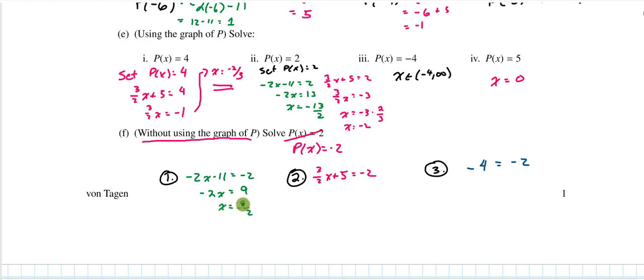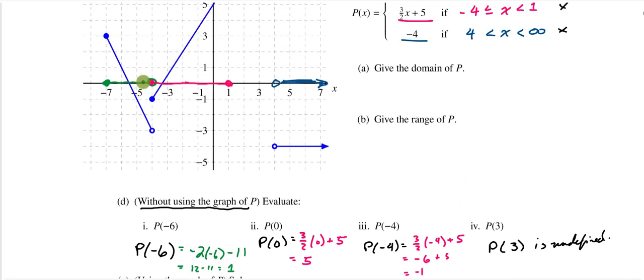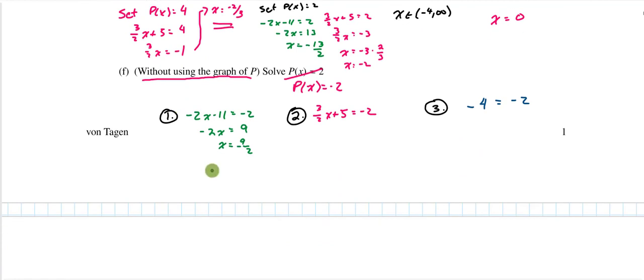And -9/2 is roughly -4.5, and if we look up here, sure, at x equals -4.5, this first piece does indeed intersect the graph of my function. Okay? And so we'll keep that answer. That will be one of my solutions, and actually we'll find it's the only solution, but let's proceed. So my only solution will end up being -9/2, but let's see what happens as I set this piece equal to -2. This is what I'm trying to get at here, folks.